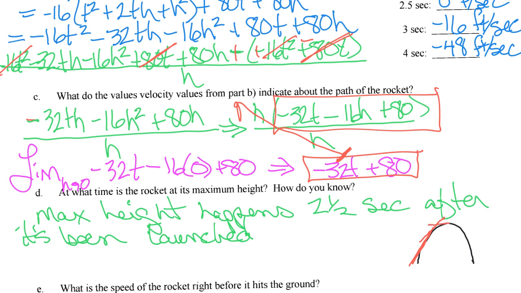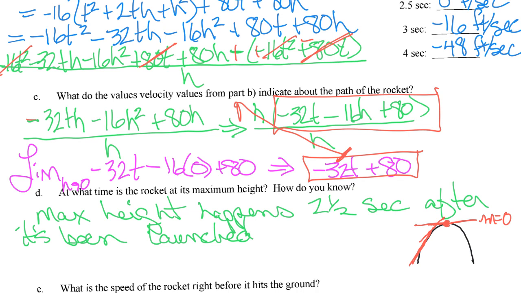After 2.5 seconds, my instantaneous rate of change, my IROC, is 0. That means that my slope is 0. When my slope is 0, I know that I have a horizontal line. Okay, so that's how we know that it's hit its peak and now it's heading back down.